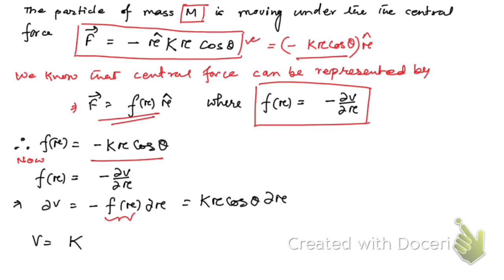Here we have del r, right? So cos theta integration r del r. If you integrate this, then it's going to be r square by 2. Here we're going to have an integrating constant. So this is the potential, right? Hope you have understood this.